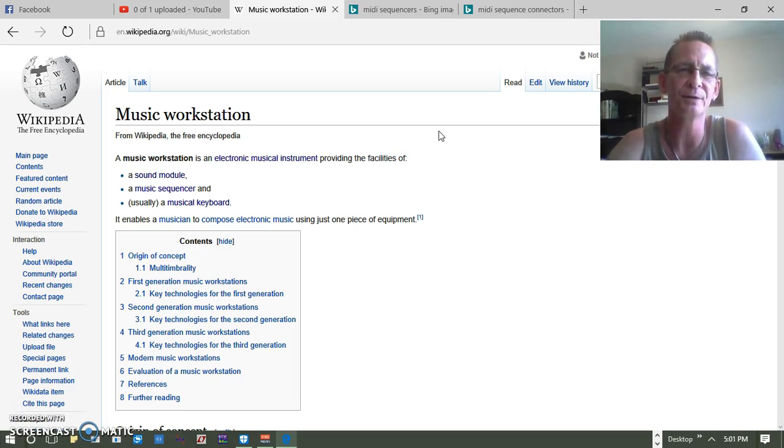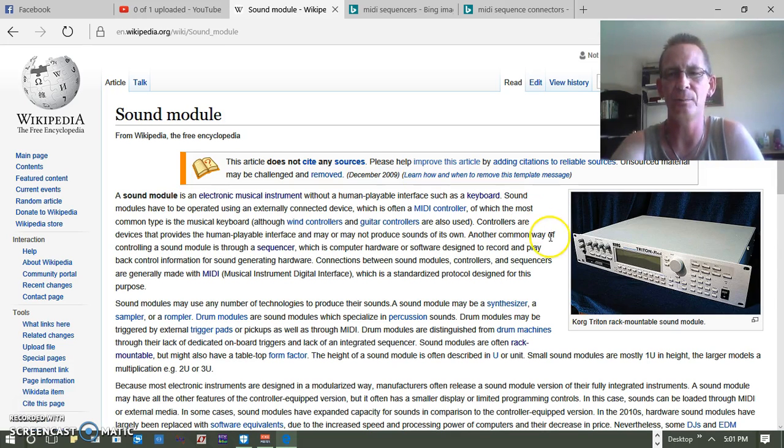But one of the cool things about it is that you've got workstations that you can connect with MIDI that are going to transfer MIDI information between each other. One of the biggest aspects to look at is things like sound modules. The sound module itself isn't probably going to have a keyboard or anything like that.